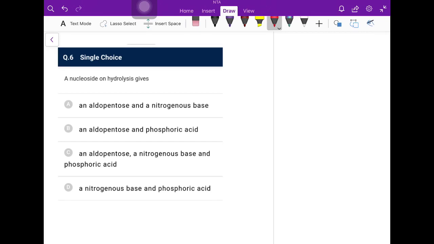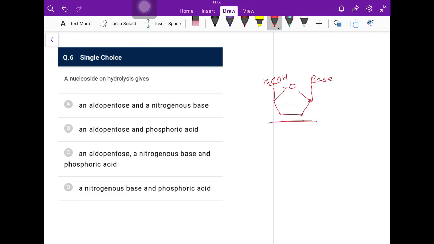A nucleoside is basically a nucleotide without the phosphate group. Nucleoside is the sugar containing only the base. This is the sugar with CH2OH, and this is a 5-membered ring.